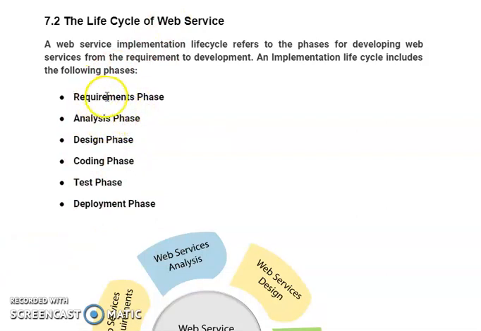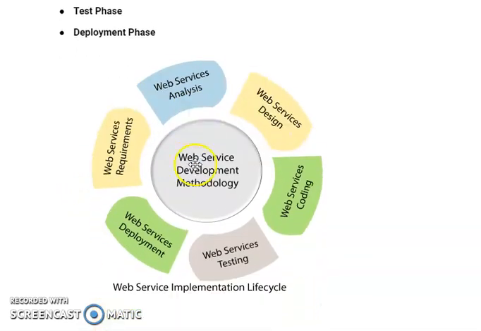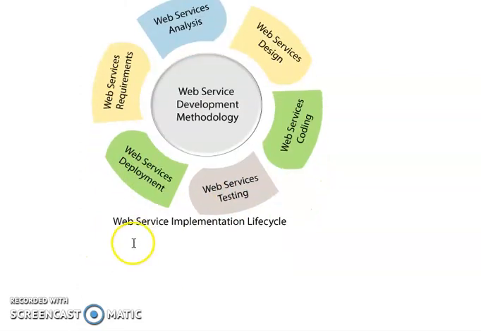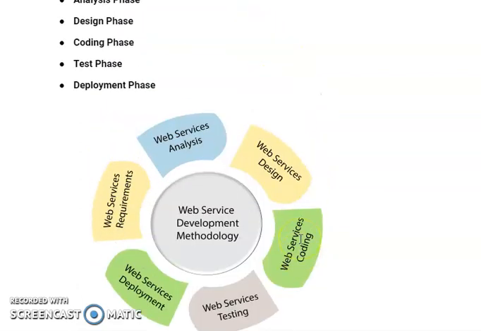Same like that, there will be a requirement phase, then analysis of that web service, then we have to do the designing, then coding and testing, and then deployment. Here this diagram is showing that it will start from the requirement, then analysis, design, coding, testing, and last one is deployment. So this is the web service implementation life cycle.